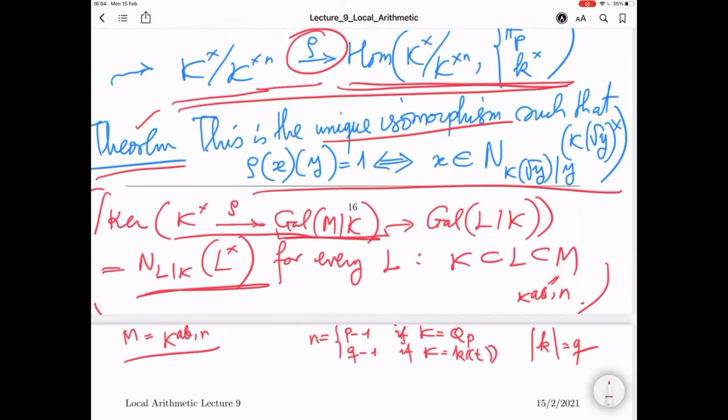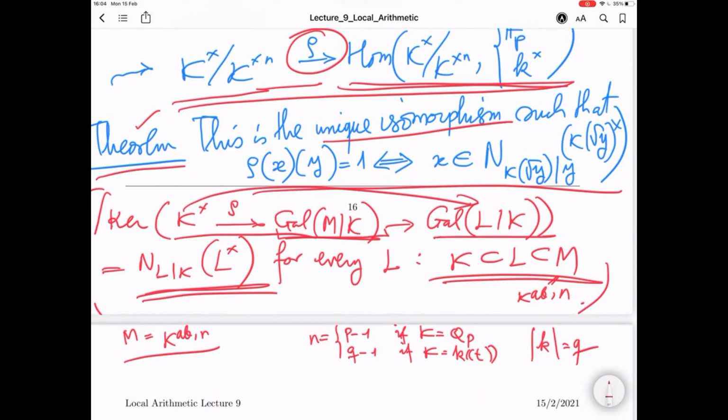It's actually an isomorphism with the property that for every intermediate extension L between K and M, when I look at this composite from K star to the Galois group of L over K, the kernel of this composite is exactly the subgroup of norms from L over K.